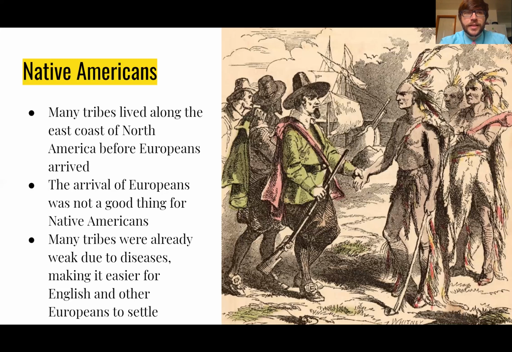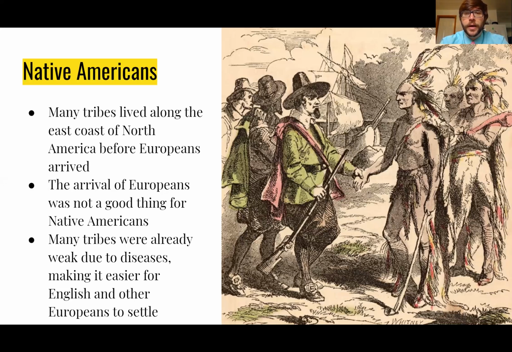They had lost at least 50% of the people in the last 100 years. So they were not as strong as they used to be, which made it really easy for the Europeans to take over their land. As well, the Europeans had some technological advances. So it was easier for them because they had guns, they had horses. Horses were not native to the Americas.